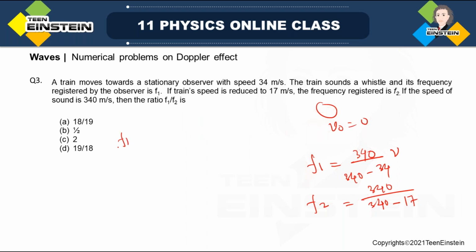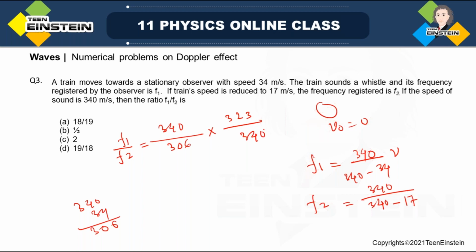So f1 by f2 will be 340 minus 17 divided by 340 minus 34.